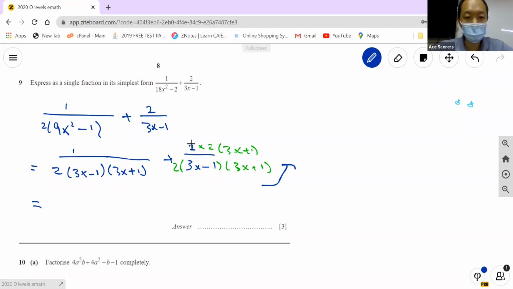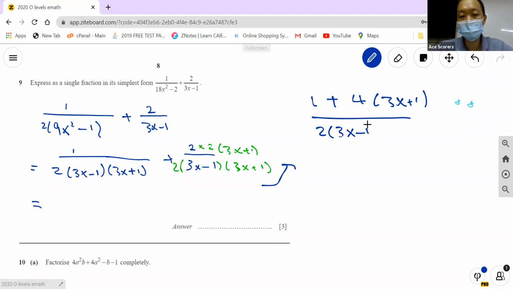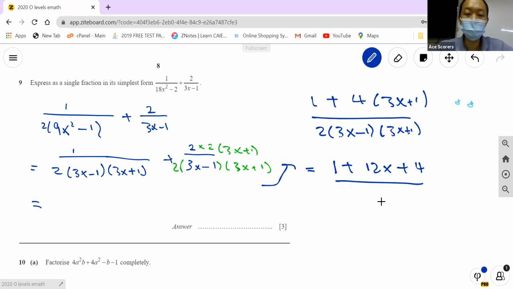So combine the top: 1 plus 4 times 3x plus 1. Okay, so 12x plus 5.